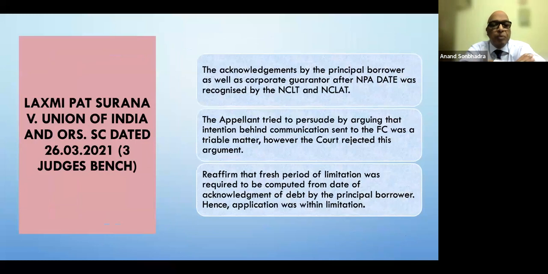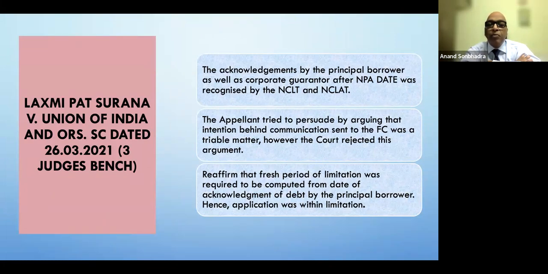Another one is Lakshmi Pat Surana versus Union of India. What has happened here, the acknowledgement by the principal borrower as well as the corporate guarantor after NPA date was recognized by NCLT and NCLAT.